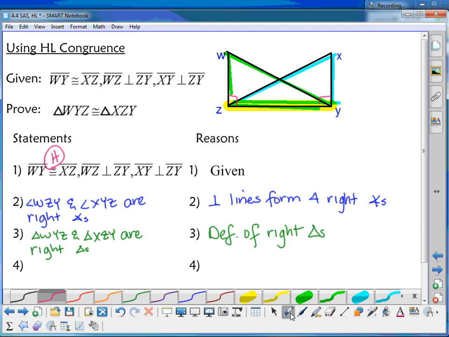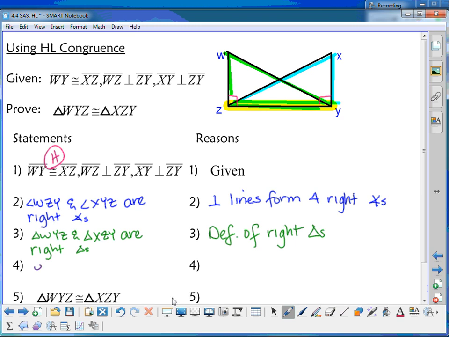And like I said, we have that shared side on the bottom, so it's going to be congruent to itself. YZ is congruent to ZY. And again, I reversed it because of how the congruence statement is written, that Y corresponds to Z and Z corresponds to Y in the other triangle.